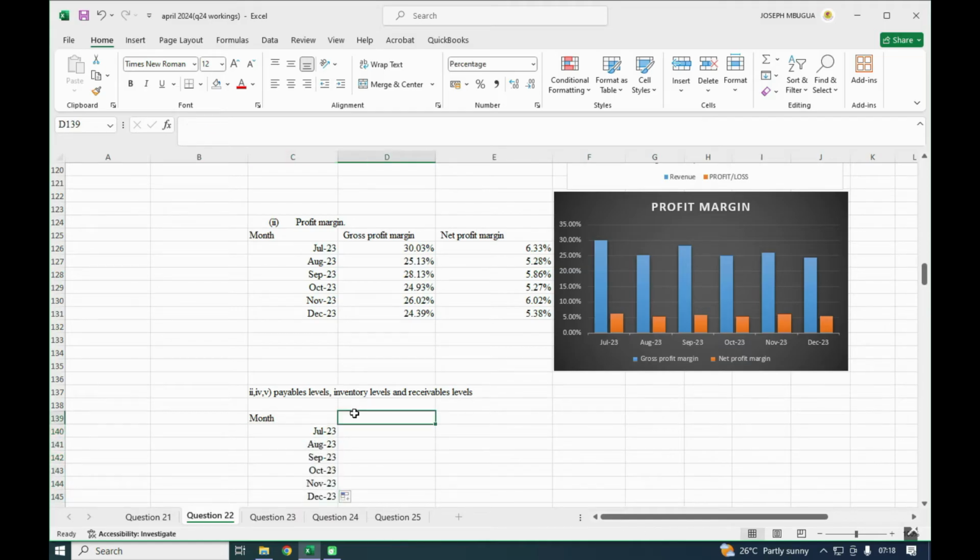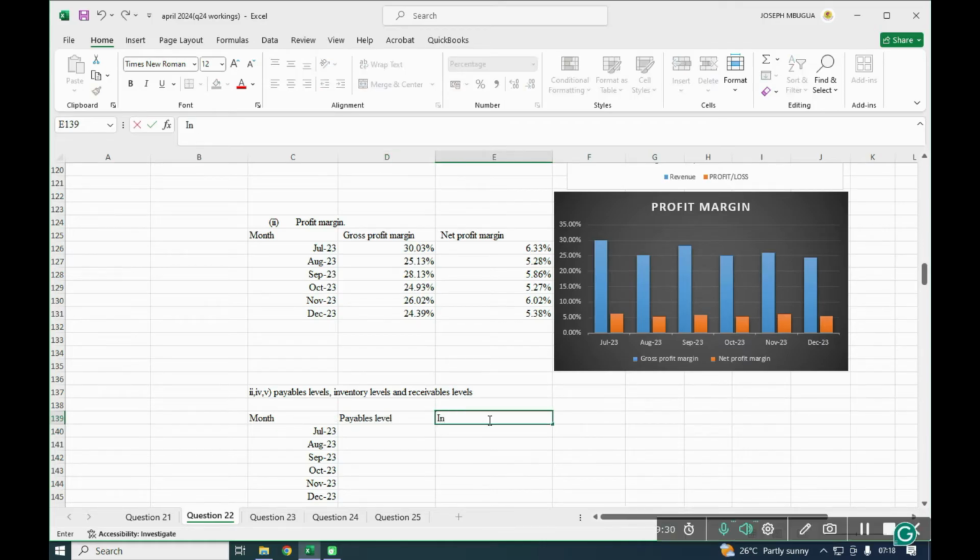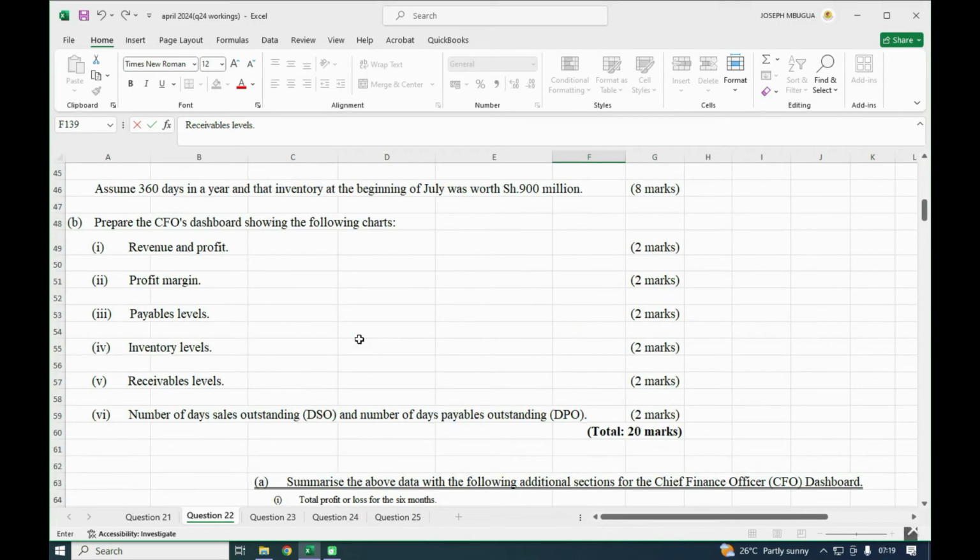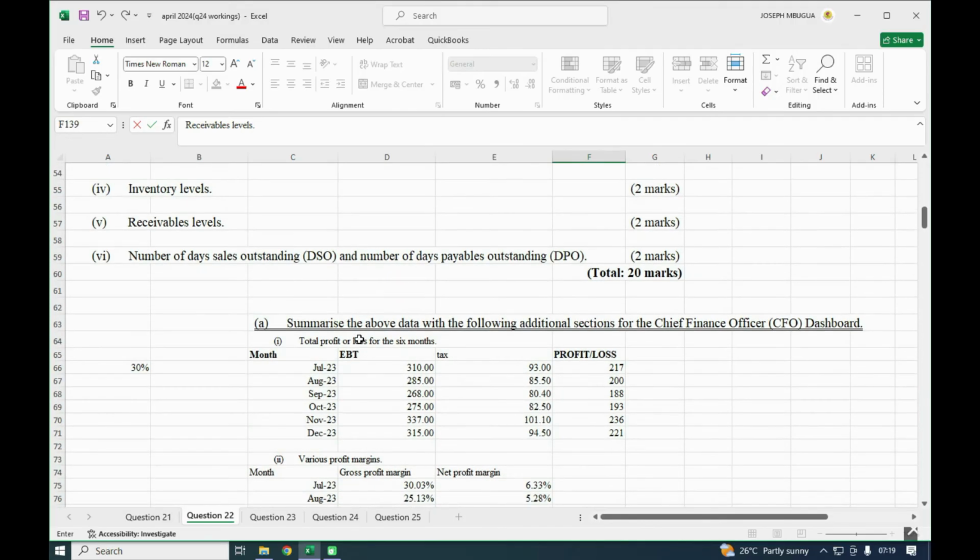I'll start with payables level, then inventory levels, then you have receivable levels. Yeah, that way. So the payable, inventory, and receivable, I think that's what they need. They need the payable levels, inventory level, and the receivable level.